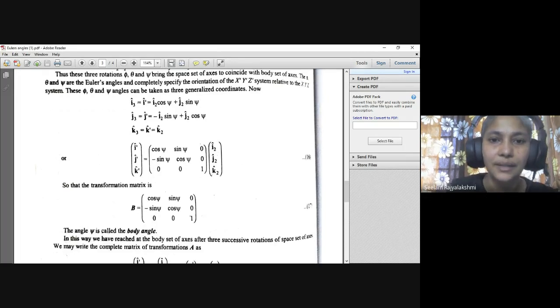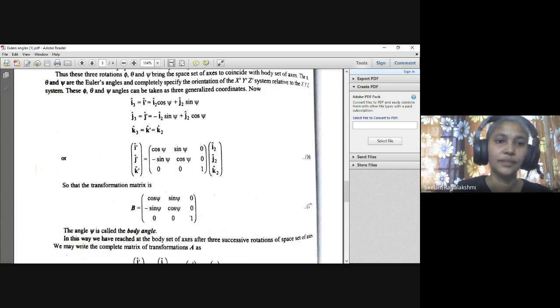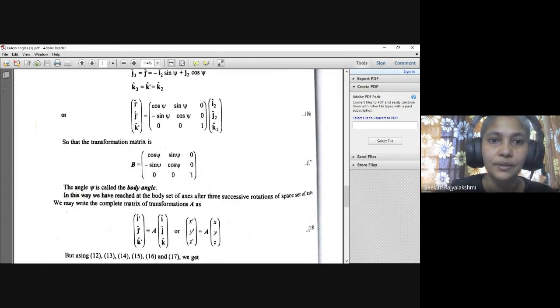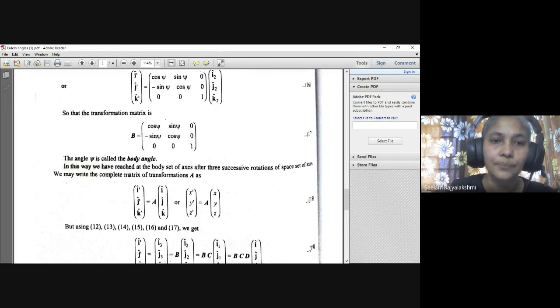So writing in matrix form, I dash J dash K dash equals [cos psi, sin psi, 0; minus sin psi, cos psi, 0; 0, 0, 1] times I2 J2 K2. So the transformation matrix, which we can write as B, equals [cos psi, sin psi, 0; minus sin psi, cos psi, 0; 0, 0, 1]. So the angle psi is called the body angle.